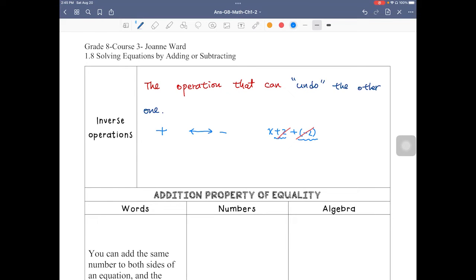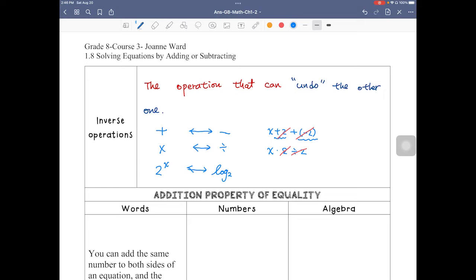Multiplication's inverse operation is division: something times 2, if I divide by 2, the effect is canceled out. For exponential, 2 to the power of something, the inverse operation is log base 2.